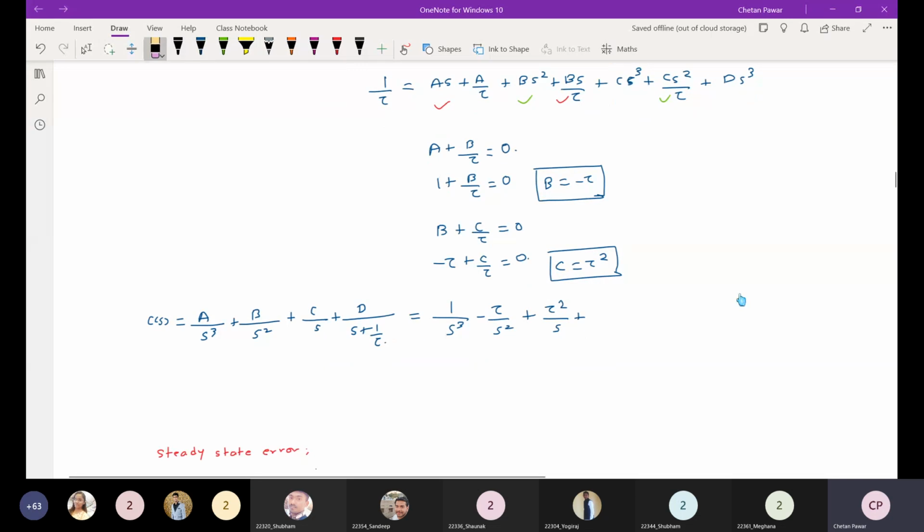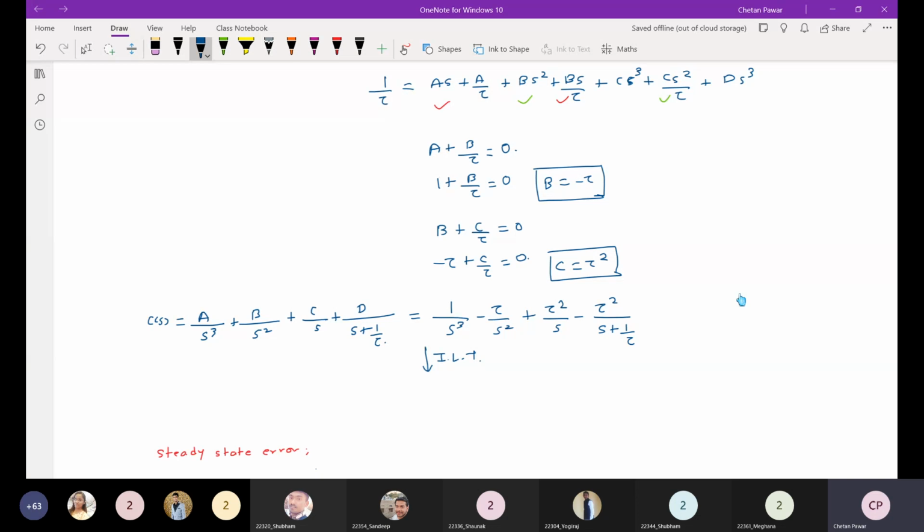Minus tau square. It will be minus tau square upon s plus 1 by tau. Okay, so let us take the inverse Laplace transform of this.